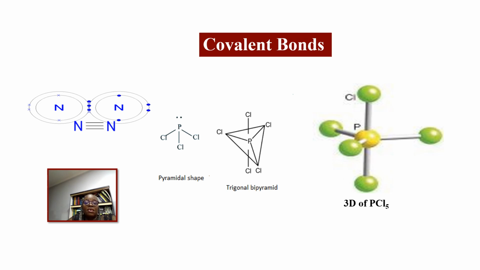If we look at the PCl5 in a 3D format, we find that the angle between an axial and equatorial atom is 90 degrees, which makes the angle between the 2 axial atoms 180 degrees. And then the angle between the 2 equatorial atoms is 120 degrees.